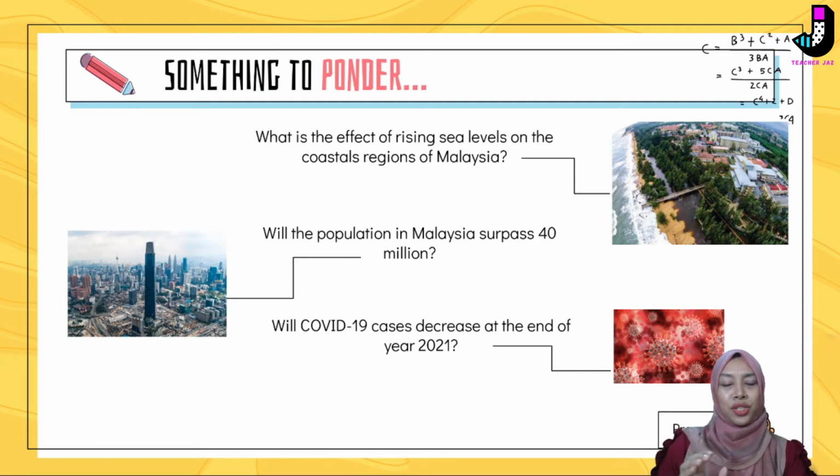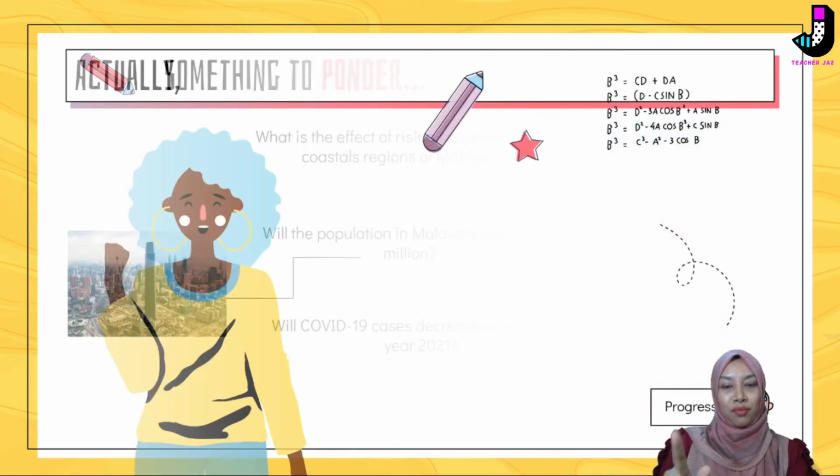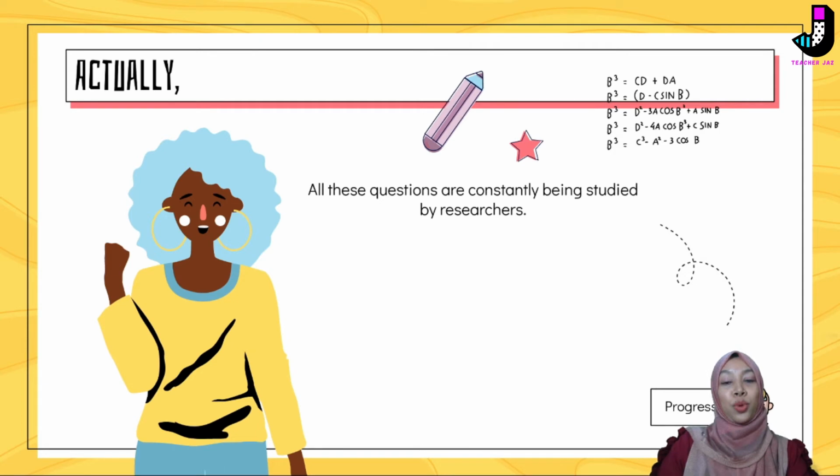Okay, these questions, can you solve them? It might be yes, it might be no, or it can be predicted. But how? All these questions are constantly being studied by researchers. You won't get an exact answer for them. Can they find the answers?